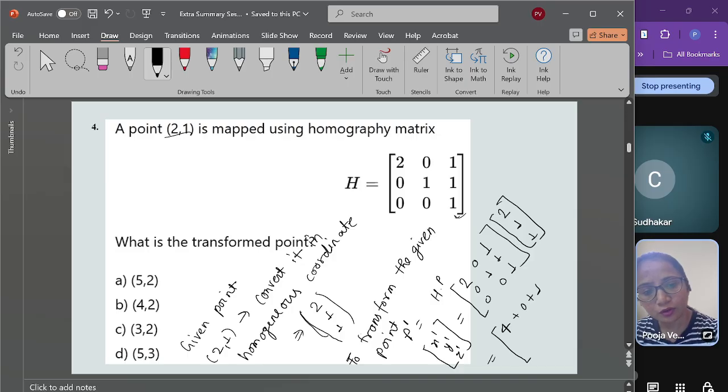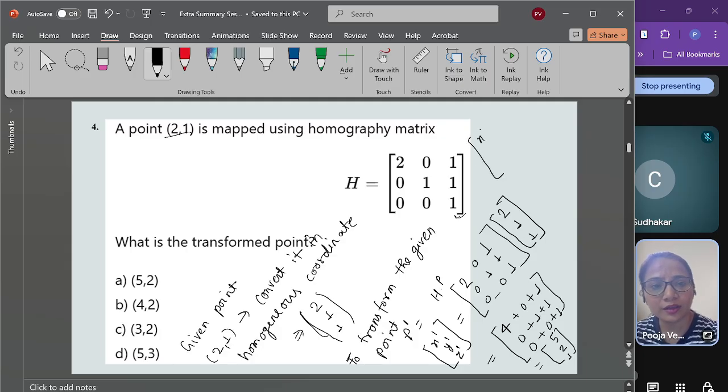Next row, 0 plus 1 plus 1. Next row, 0 plus 0 plus 1. So here you will get 5 2 1. So the transformed point that you have got is x dash, y dash, z dash.